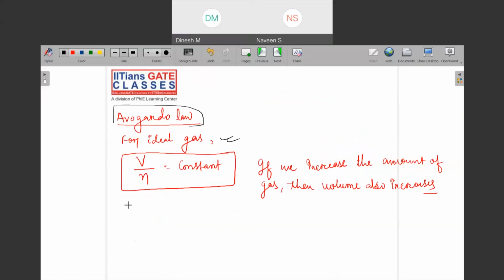Now there is one very important law called Dalton's law of partial pressure.